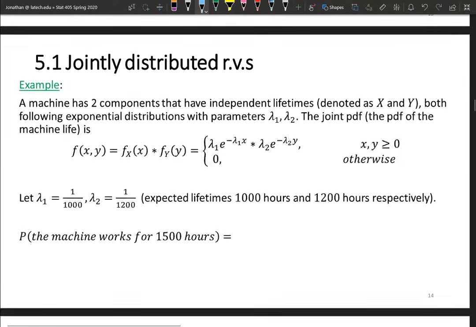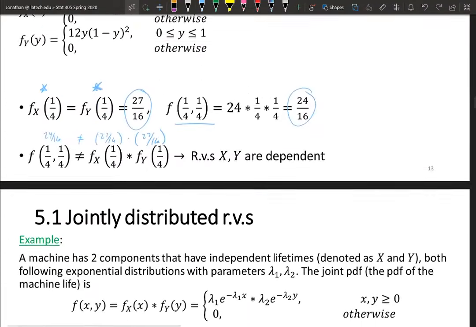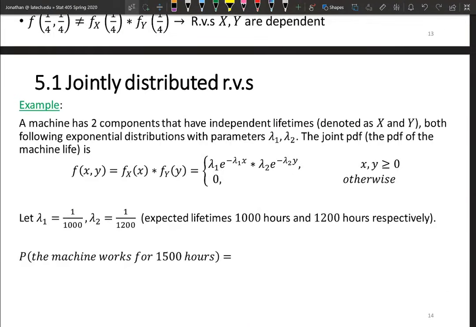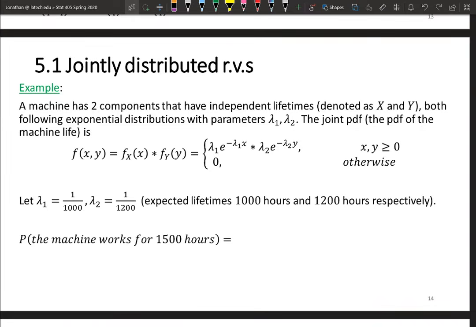Okay, let's look at another example. This is going to be very similar to basically a multivariable exponential distribution. We talked about the exponential distribution at the end of chapter 4. This example says a machine has two components that have independent lifetimes denoted as x and y, both following exponential distributions with parameter lambda 1 for the first variable x and lambda 2 for the second variable y.